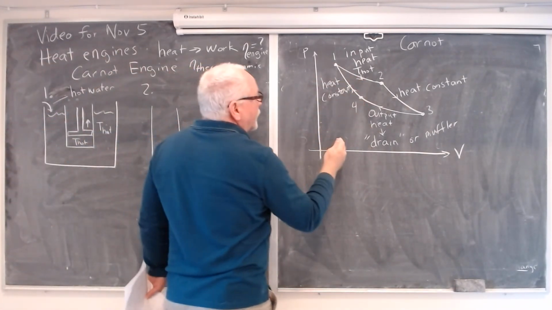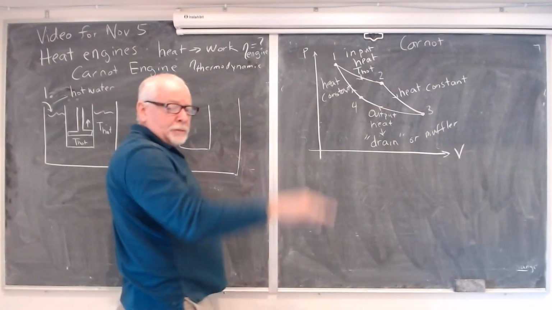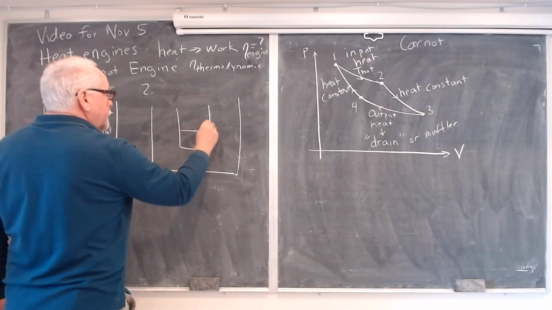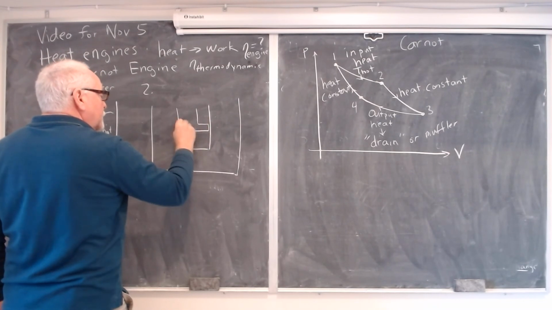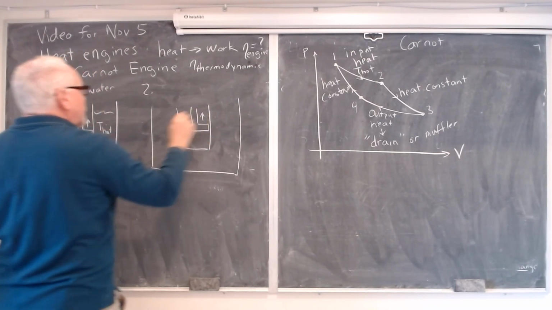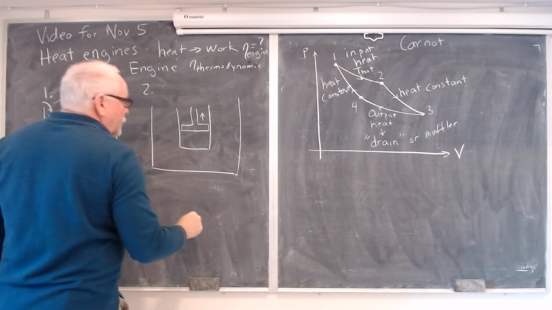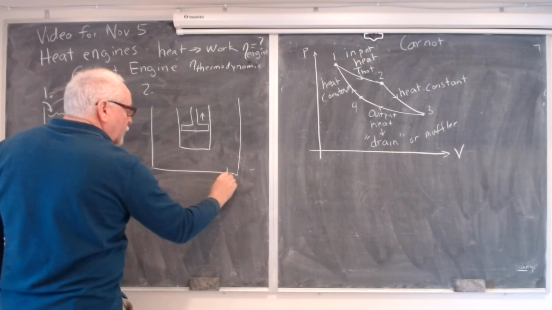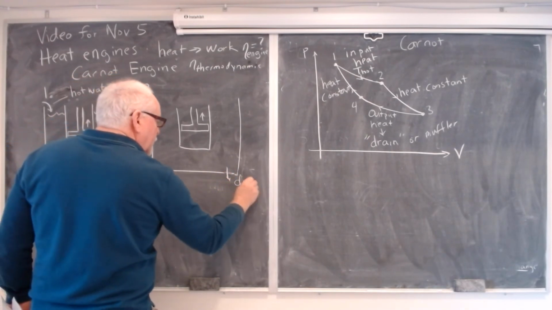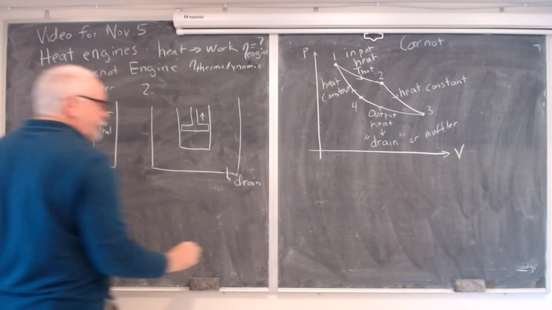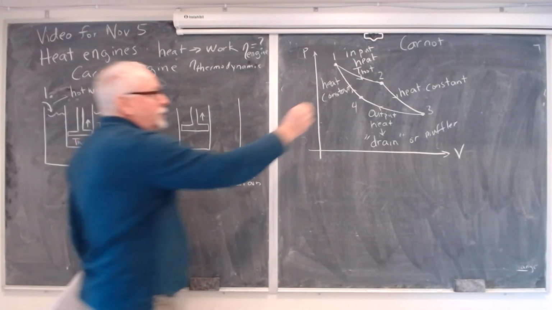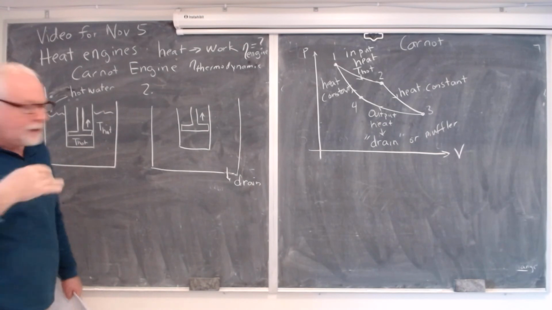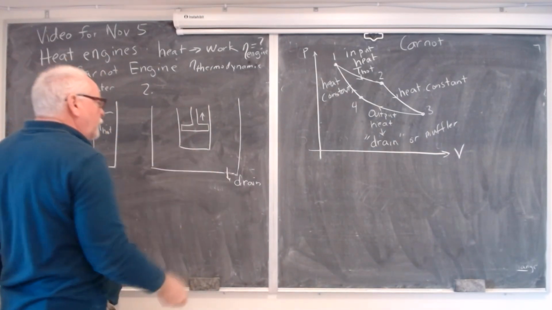From 1 to 2 to 3, the piston is still going up. So we're at some position here. The piston is still going up at point 2, and at step point 2, we instantaneously drain the water. Our engine is designed so that at that point, all the water is drained.